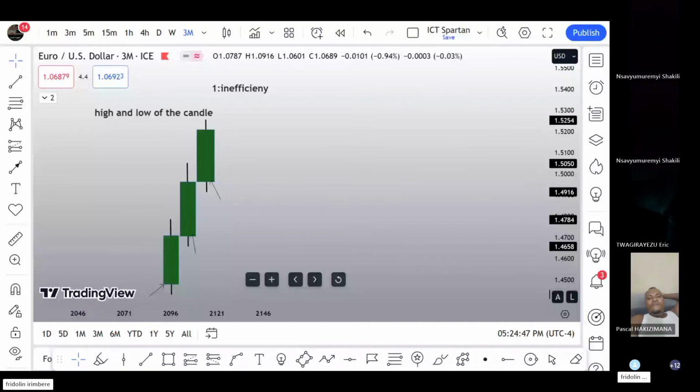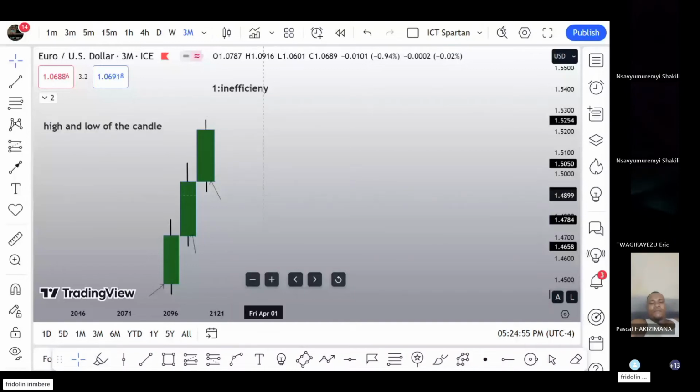So nukuvuga iki rero hano ikintu ukora ni iki, just mark the high and the low of the candle. Nukuvuga high na low ya candle.